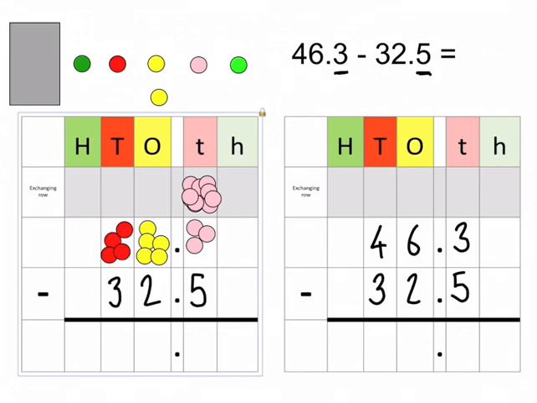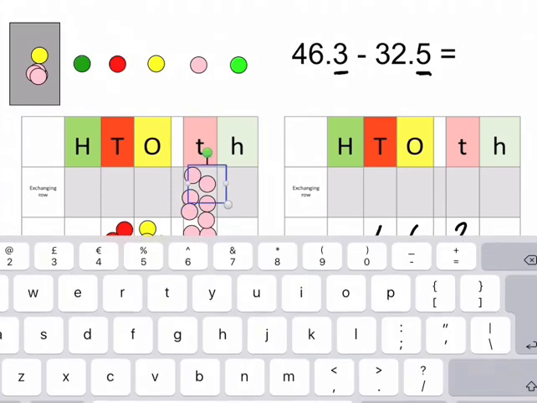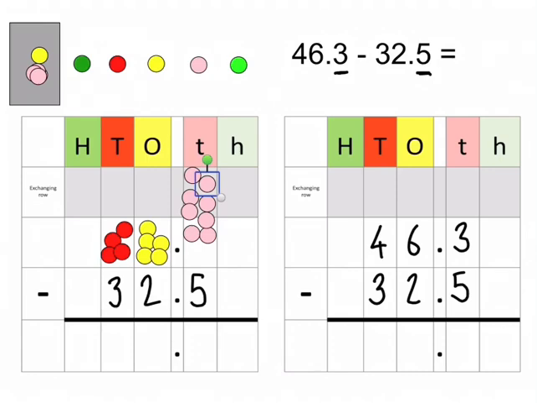We can now take 5 of those away. 1, 2, 3, 4, 5, and we are left with 1, 2, 3, 4, 5, 6, 7, 8.